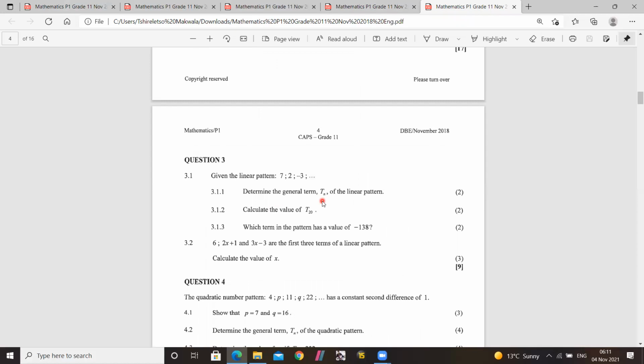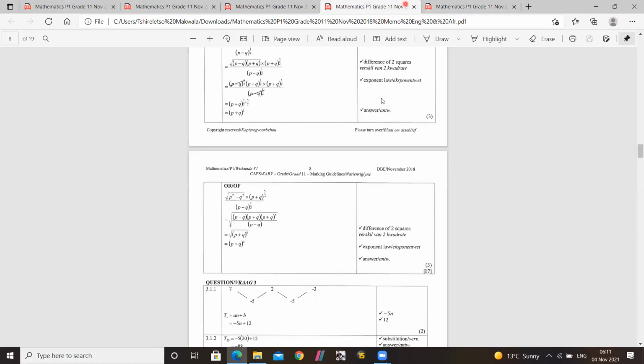Then calculate the value of T20. Before I move on, do you see that the general term for a linear pattern is the same as a straight line graph formula, where Tn is y and n is x?